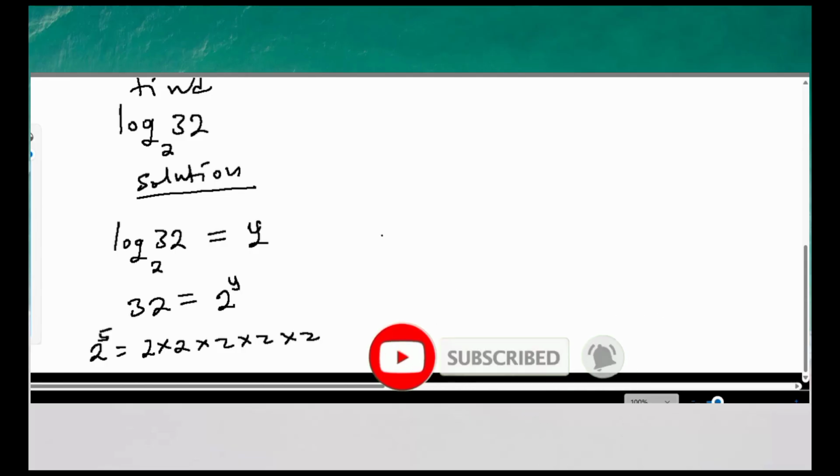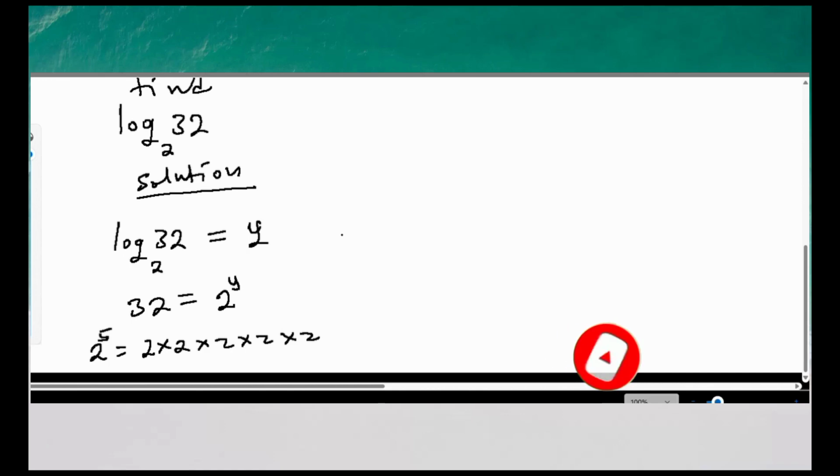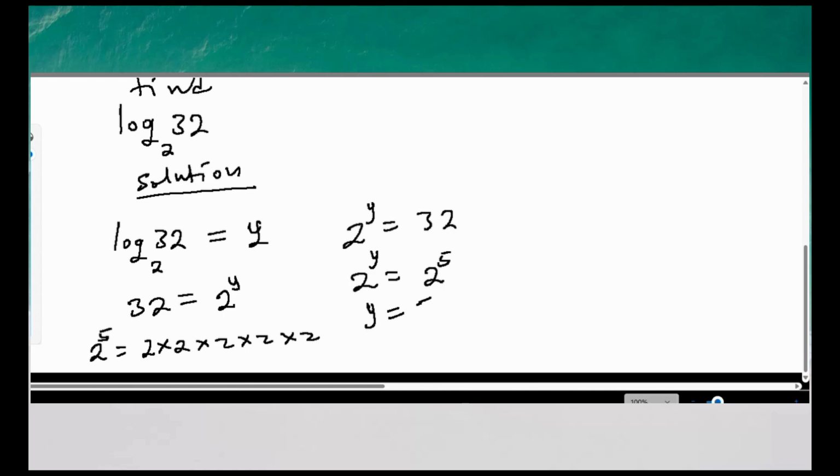Then it means that in place of 32, in 2 raised to the power y equal to 32, you can write 2 raised to the power 5. Now looking at 2 raised to the power y equal to 2 raised to the power 5, we have an exponential equation with the same bases, and according to exponential equations, if your bases are the same, I can equate the exponents. Therefore, y is equal to 5.